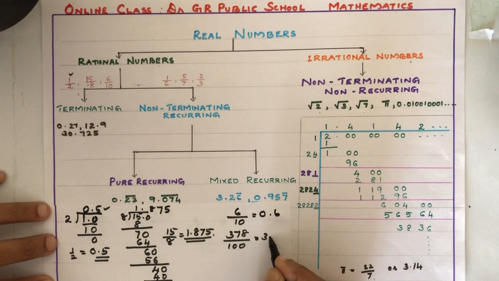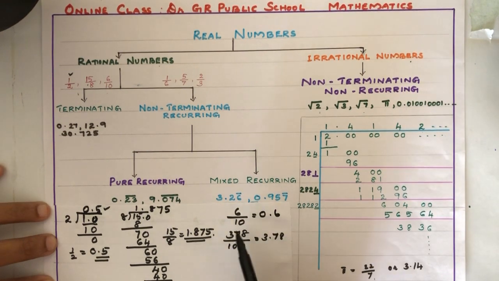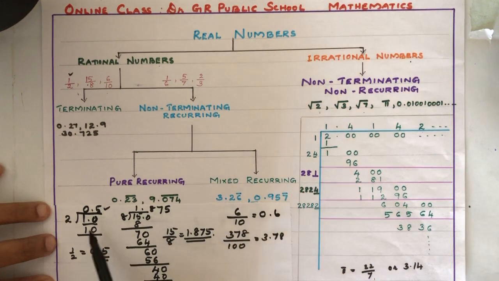It is 3.78. If the denominator is 10, 100, 1000 etc., multiples of 10, we can write the decimal form very easily. Otherwise, we have to divide the numerator by the denominator. In all these cases, the decimal form is terminating decimal form.